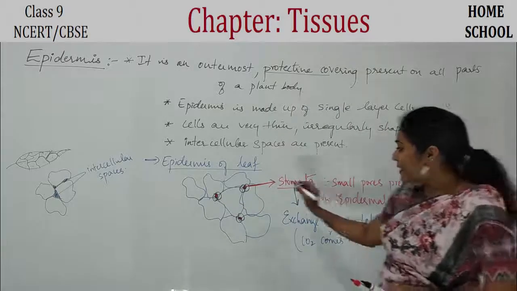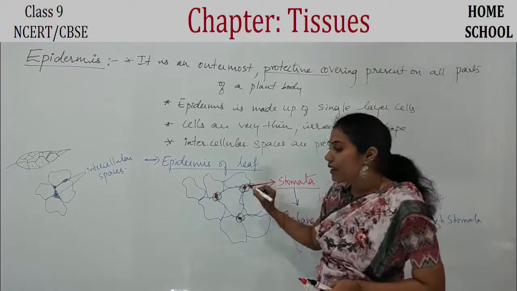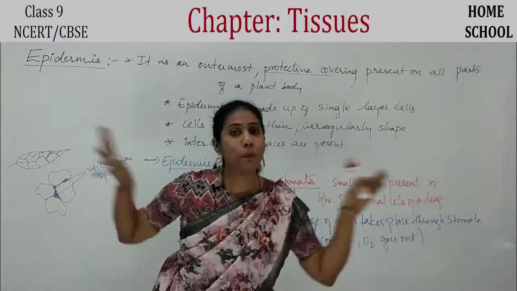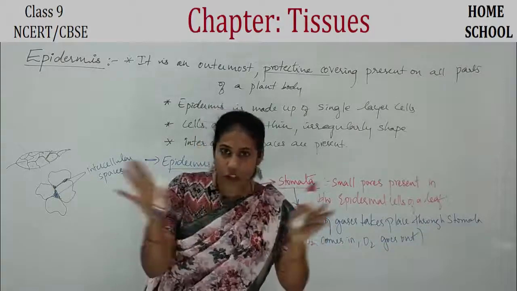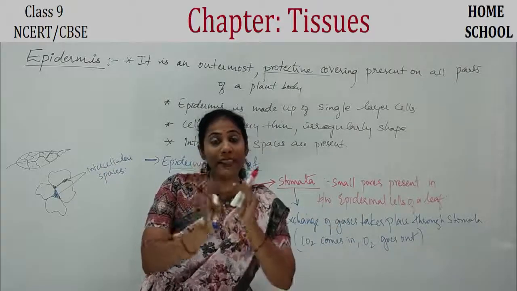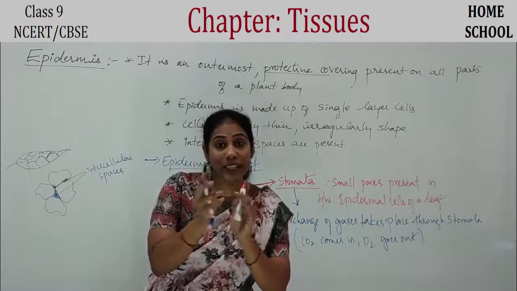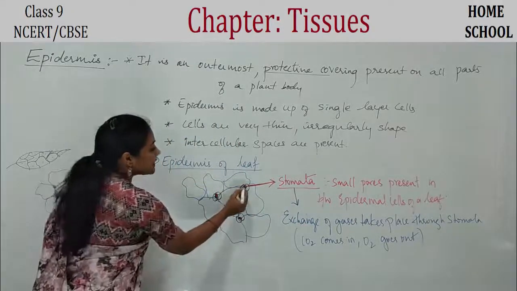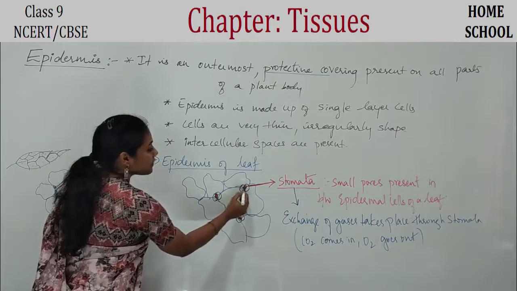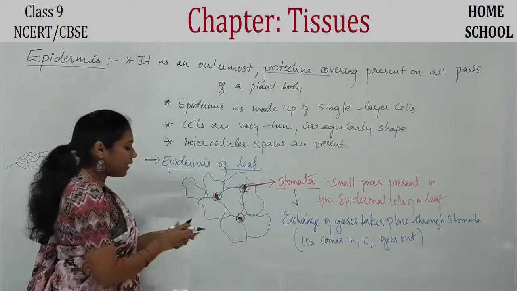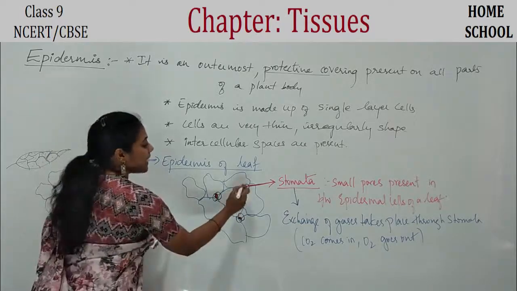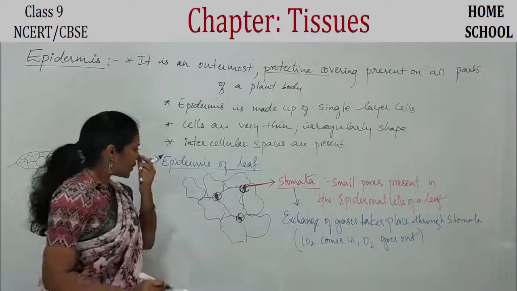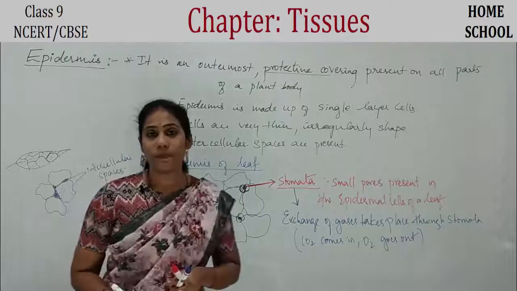Okay, and this small hole, always it will not keep getting opened. Okay, always it is not open. The opening and closing of this hole is controlled by these kidney shaped cells. See the black color kidney shaped cells I have drawn here, isn't it? So these cells are actually called as guard cells.